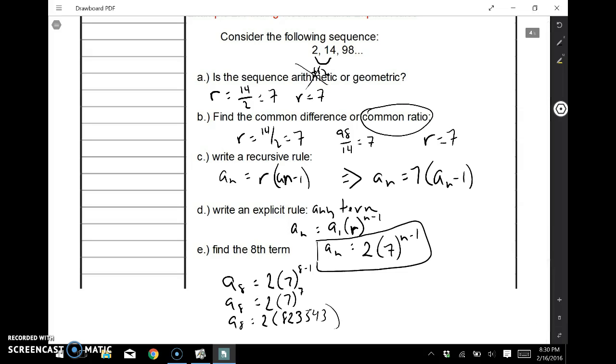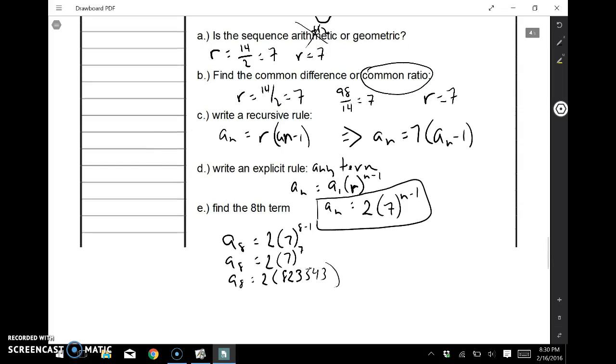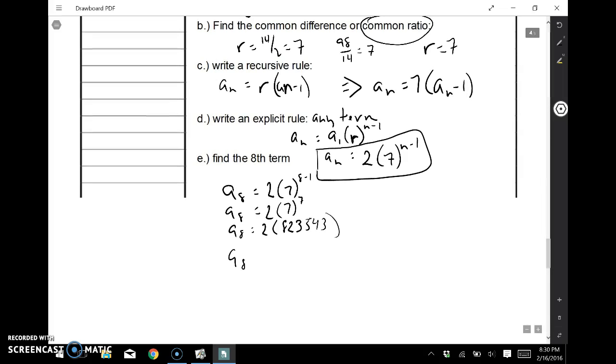I multiply that by 2. And a sub 8 is actually equal to 1,647,086. And there is my eighth term.